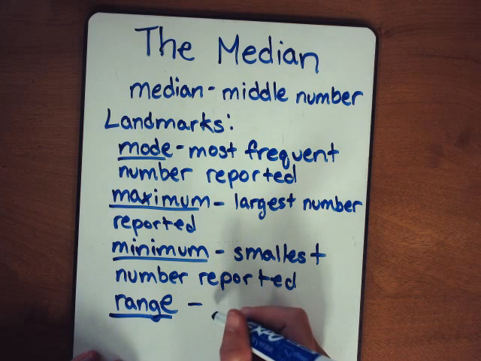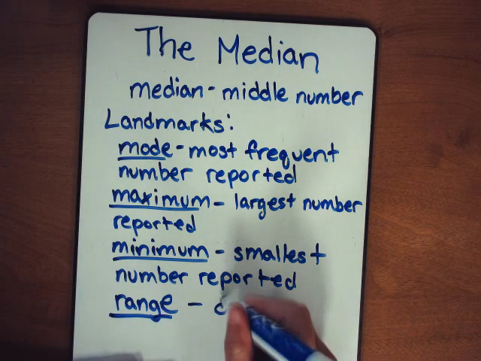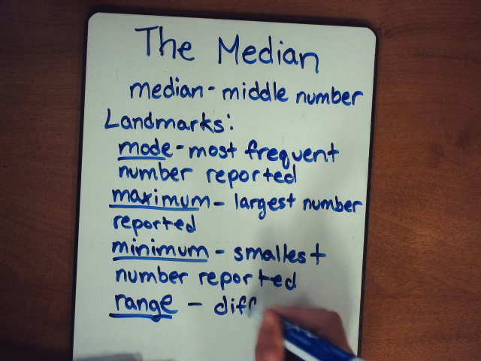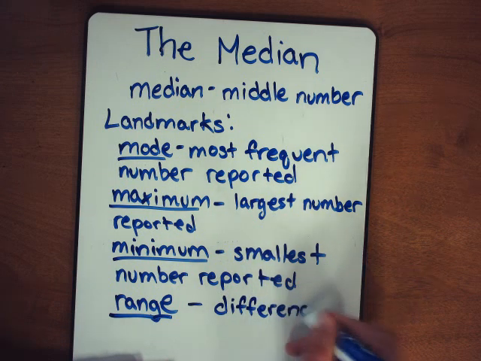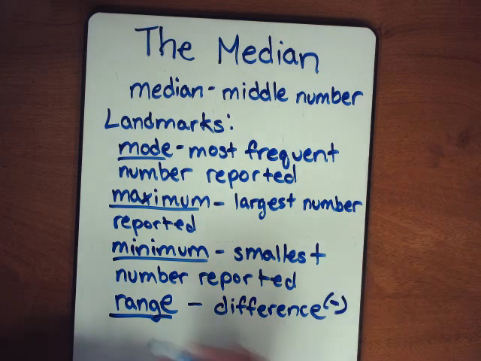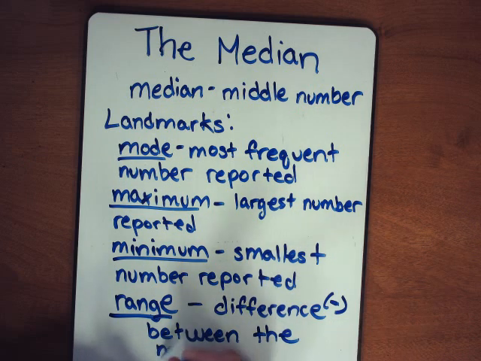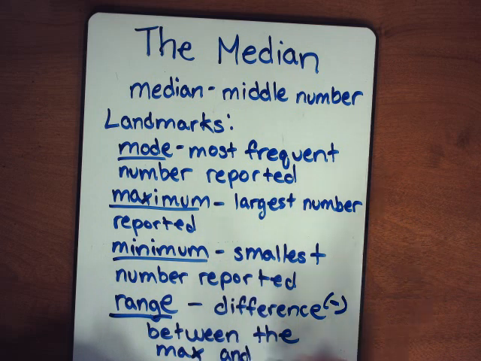So when I think about distance in between, we know that we will find the difference or subtract. Put a subtraction sign to remind yourself the difference between the maximum, and I'm just going to write max for short, and minimum, I'll write mini.